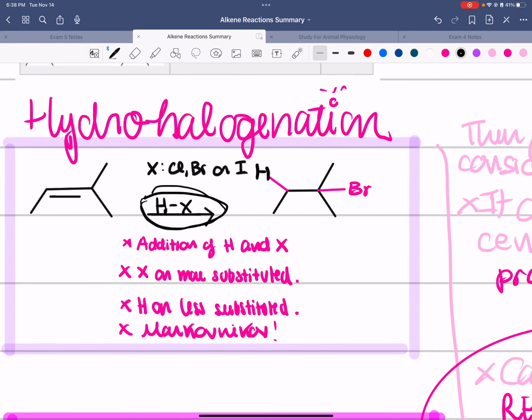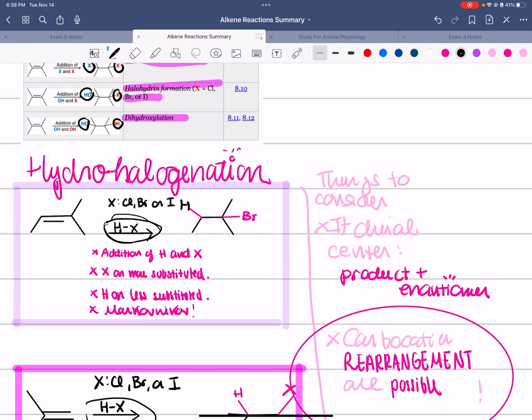So for example, for hydrohalogenation, we're adding a hydrogen and an X. An X is kind of like saying a halogen, which is a chlorine, bromine, or iodine.